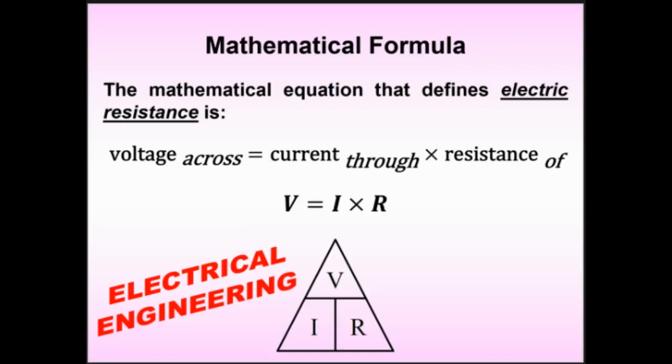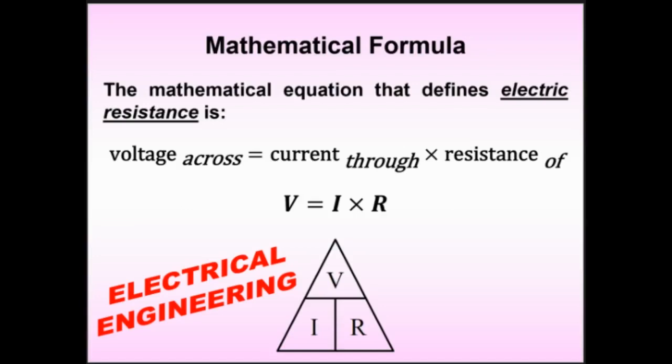V equals IR, the most important fundamental cornerstone equation of electrical engineering. They spend 4 years trying to understand circuits using this one. At the end of the day, they just want to know if the voltage is high enough that the current will burn or fry the circuit, based on the resistance.